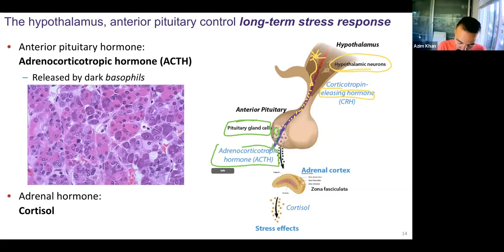And adrenocorticotropic hormone makes its way eventually to the outer portion of the adrenal gland, the adrenal cortex. It's actually a very specific part of the adrenal cortex called the zona fasciculata. I'll point out what that is exactly on the next slide. Cells of the zona fasciculata release a hormone called cortisol.